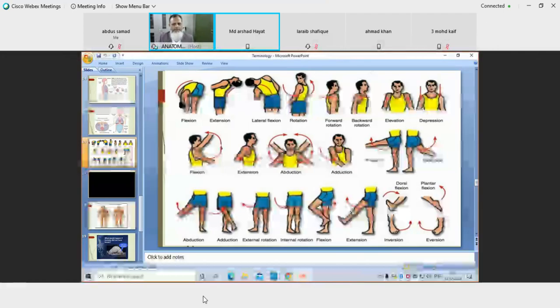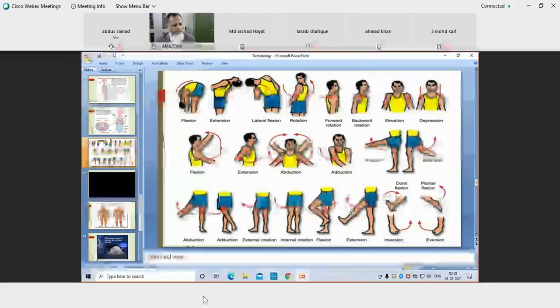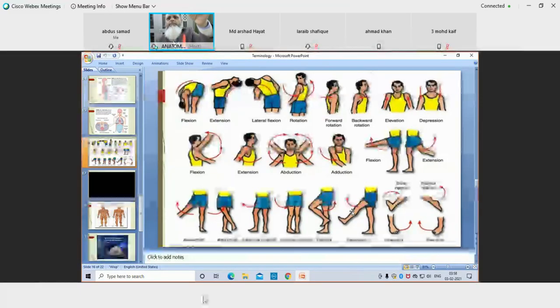Now we are going to take each movement one by one. First, the gliding movement. Let me demonstrate. This is a pen and this is another pen. Can you see the black one and the red one? Yes, sir.